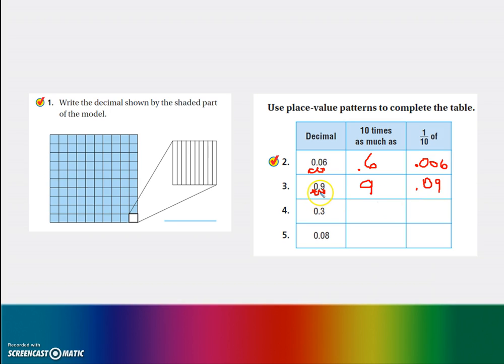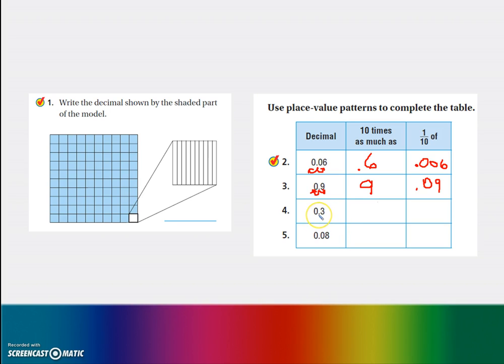So we start out with 9/10, which is 9 columns, and then we multiply by 10 and we get 9 wholes, 9 big squares. And if we start out with 9/10 and we find 1/10 of that, we will end up with 9 hundredths, which is 9 of the little squares inside of the grid.